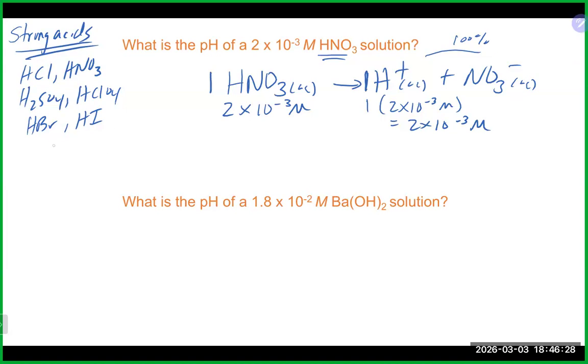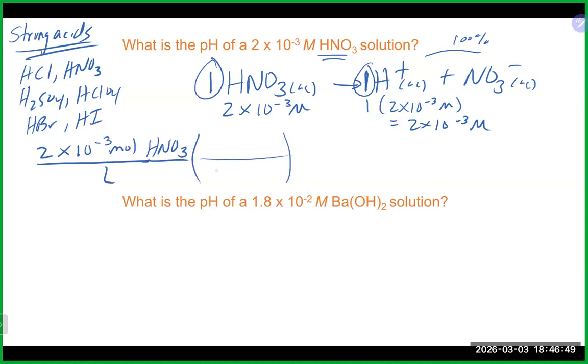Just to show you, in case you're not 100% sure why we do that, if you take the concentration 2 times 10 to the minus 3, convert it into moles per liter, which is what molarity is, and you do this long calculation here, in mole-to-mole relationship, it's a 1 mole to 1 mole relationship, 1 mole of HNO3 on the bottom, 1 mole of H plus on the top.